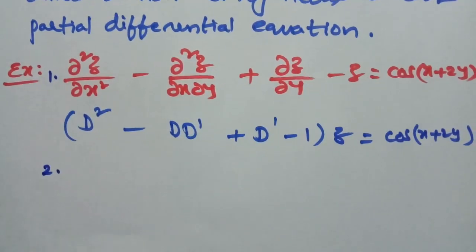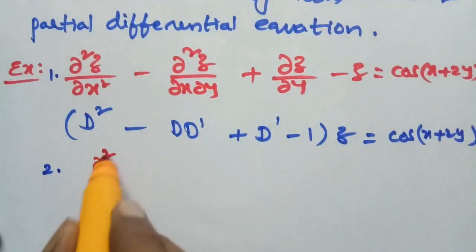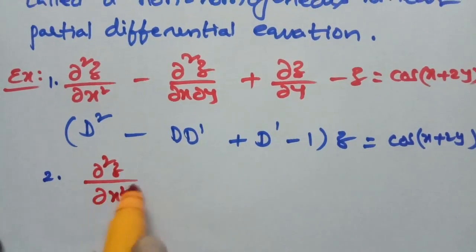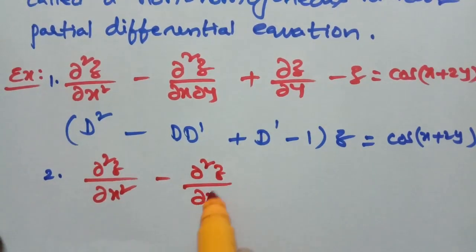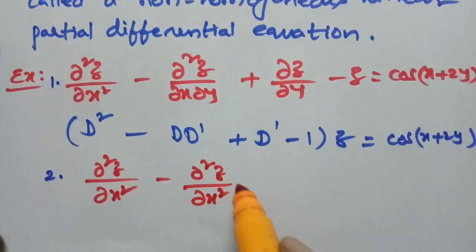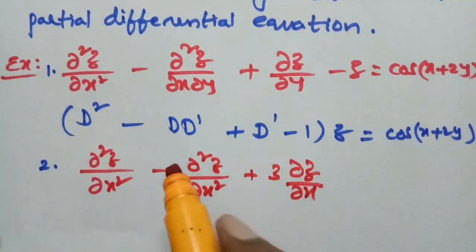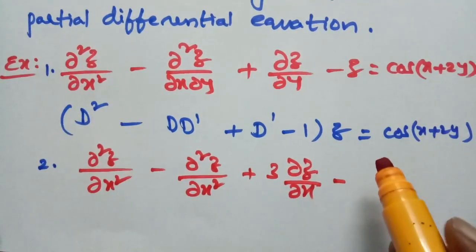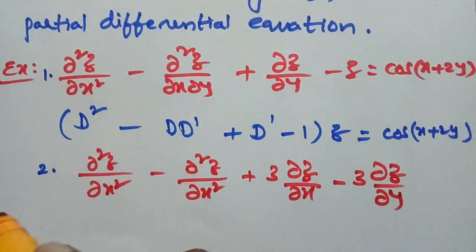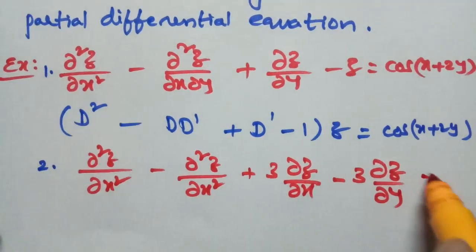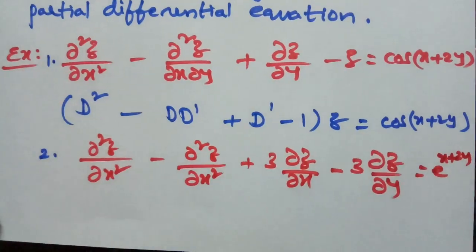Another example, number 2: del square z by del x square minus del square z by del y square plus 3 into del z by del x minus 3 into del z by del y equal to e power x plus 2y.